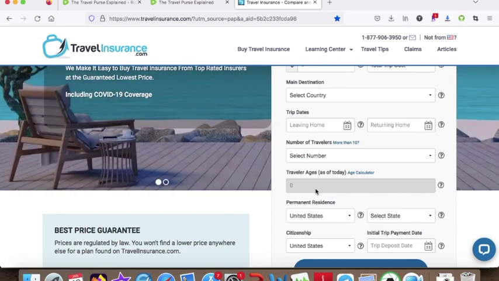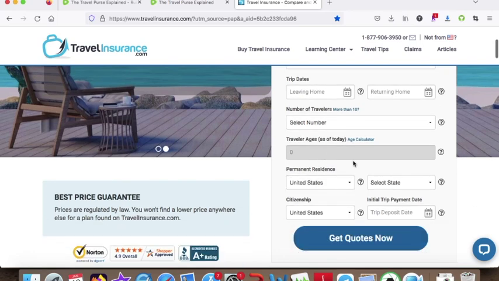And so you will see $30 per person, but then you have to double that because if it's two of you, that's $60. So here you would put the number of people who are coming, and then you would have to put their ages so you can calculate what the expense would be, because your travel age makes a difference in the cost of your insurance.